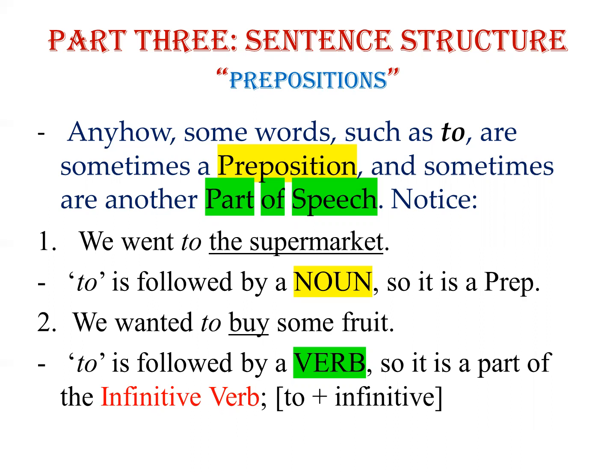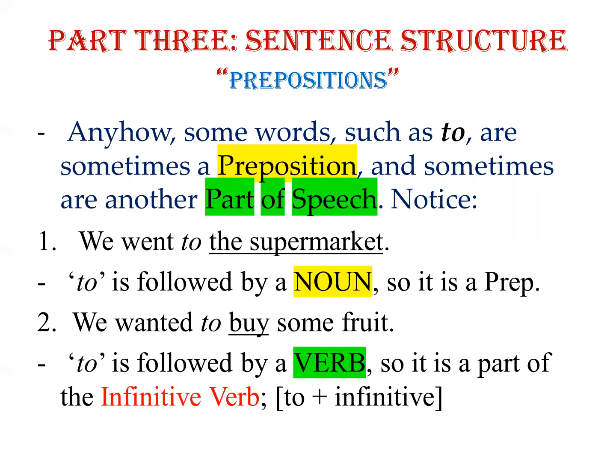But in the second example, I'm telling you that we wanted to buy. This is a complete verb, the infinitive form. So in the first example, we have a noun after the word to, so obviously it is a preposition. To is followed by a noun, so it is a preposition.